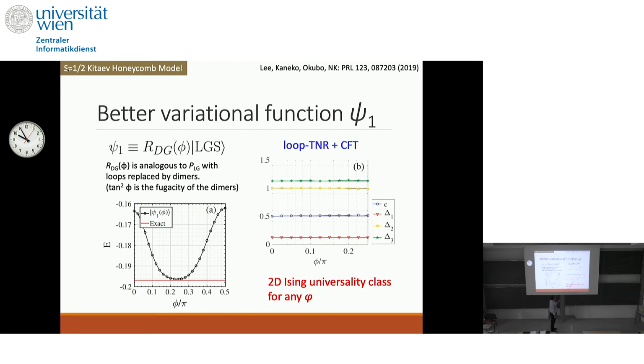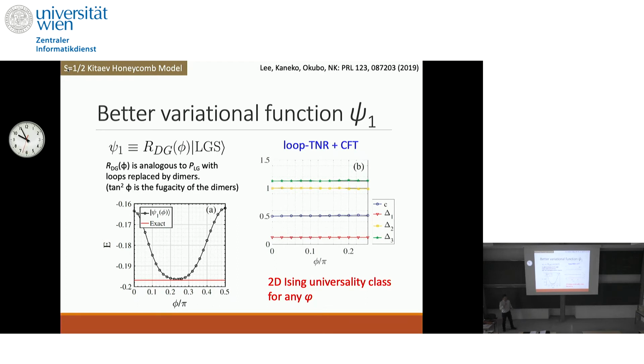And as a function of this parameter phi, actually, this is the conformal information, various scaling dimensions as a function of this parameter phi. And all the way from 0 to this optimal value, the critical scaling dimensions do not change.